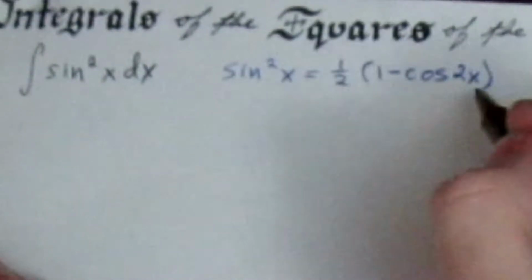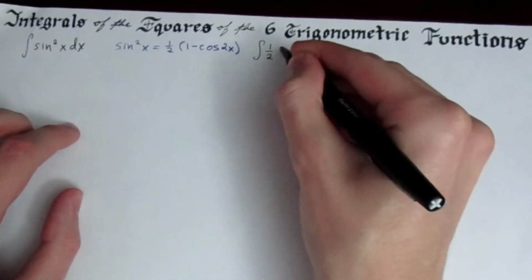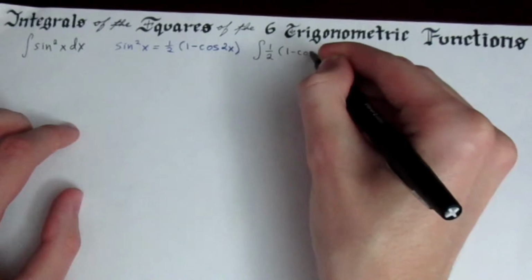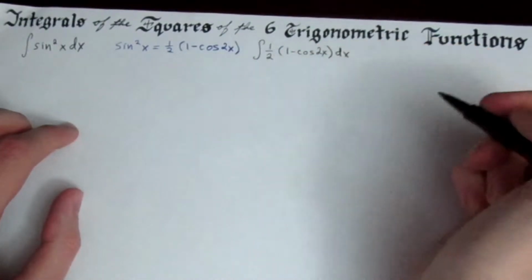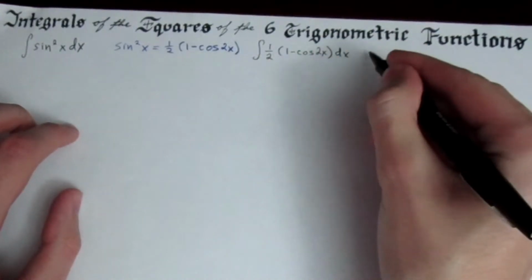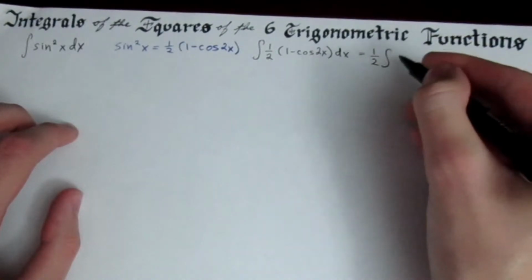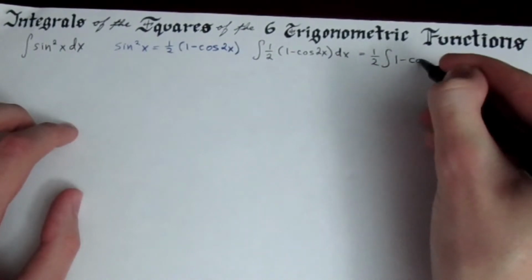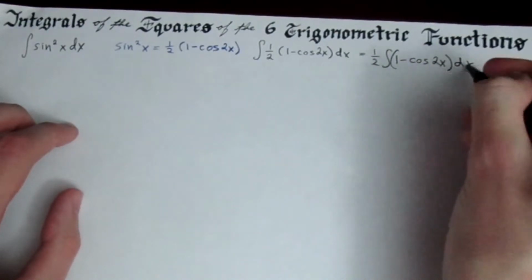So I'm going to substitute that right here, and we're left with the integral of 1/2 times the quantity 1 minus cosine 2x dx. If I pull this constant out, I'm left with 1/2 times the integral of 1 minus cosine 2x dx.